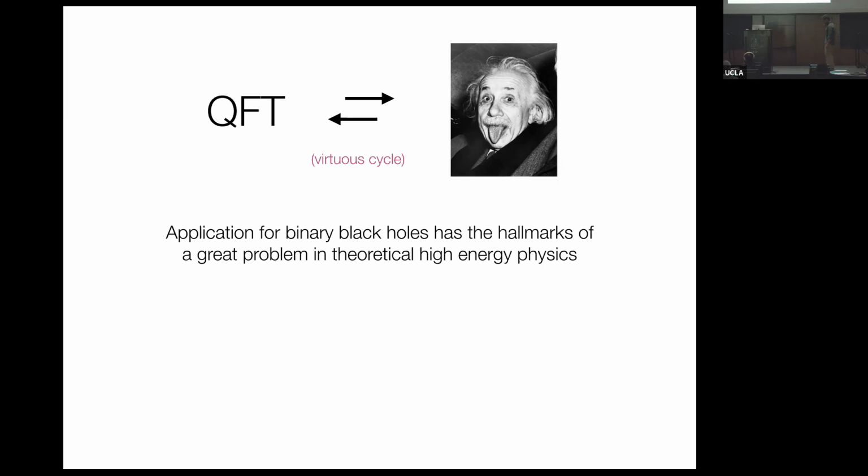And this has, I would say, the hallmarks of a great problem in theoretical physics because A, it's closely tied to a very exciting experimental frontier, namely the gravitational wave science program. B, you get to use quantum field theory, which is, again, the universal tool that we know and love. And finally, it offers us an opportunity to learn about theoretical structures in both of these important theories.